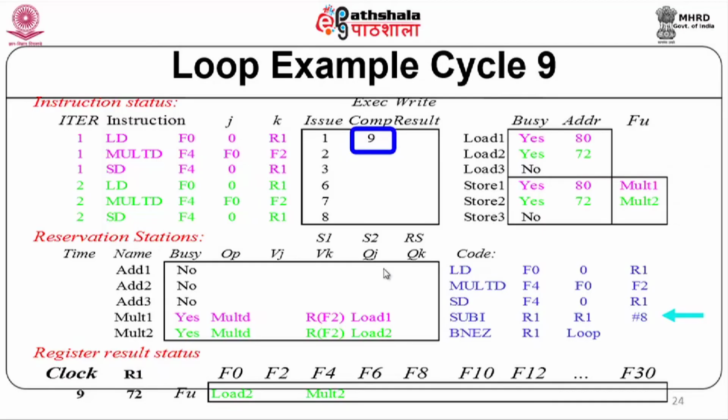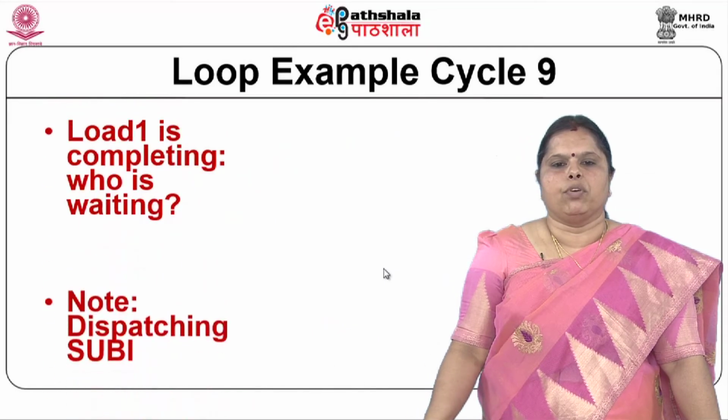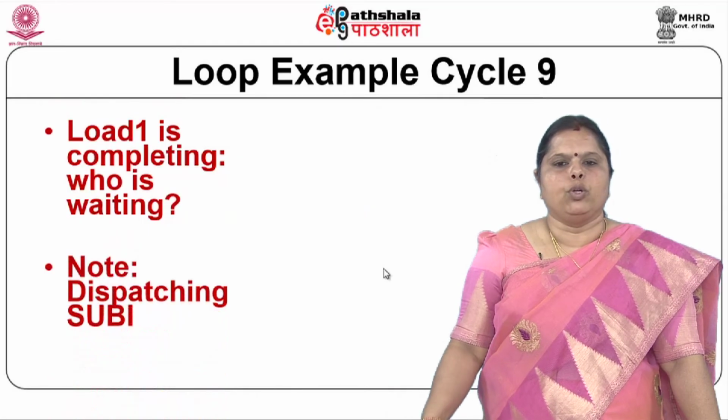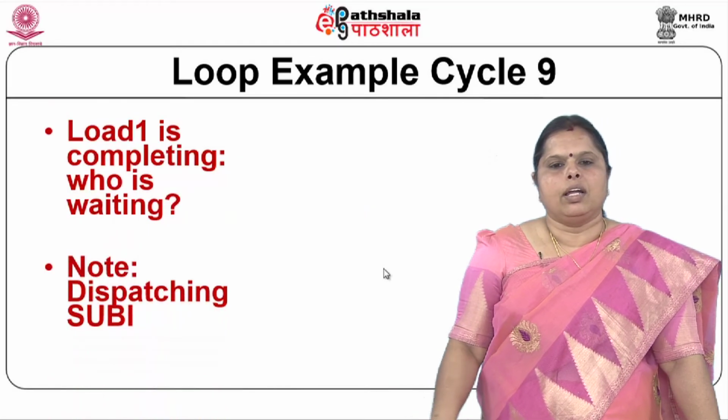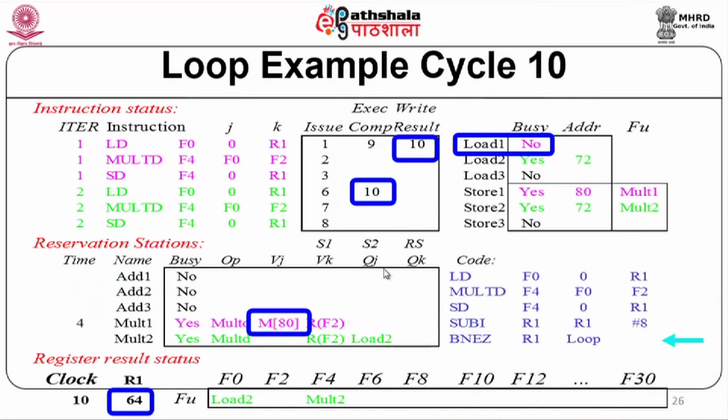Now, once your load instruction finishes execution, you know that your mul instruction is waiting for it. The mul instruction is now going to take the data produced by your load instruction, and of course, in the ninth clock cycle we are also dispatching the sub instruction of the second iteration. In the 10th clock cycle, the load instruction writes its result, so the data is transmitted on the CDB.